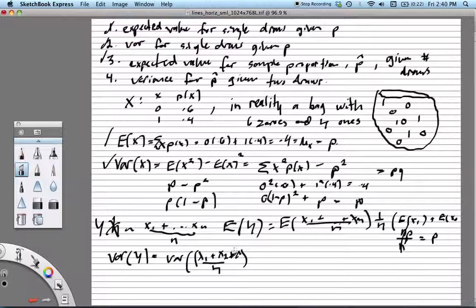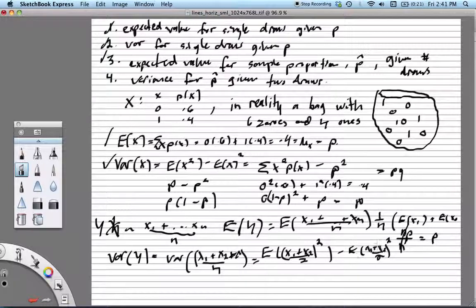And since variance is defined based on expectation, we know how to deal with expected values for these functions of random variables. And the way we could say that this is equal to the expected value of x1 plus x2 over 2, squared, minus the expected value of x1 plus x2 over 2, all of that squared.